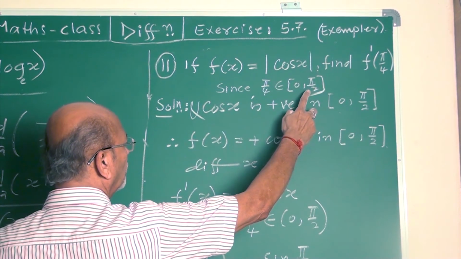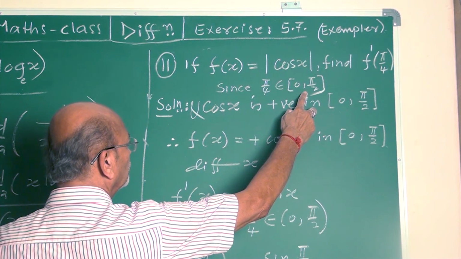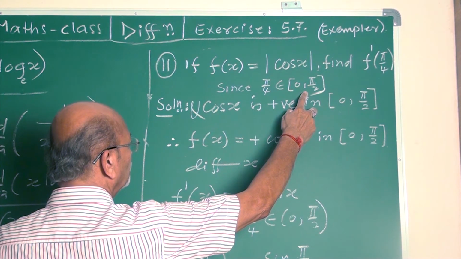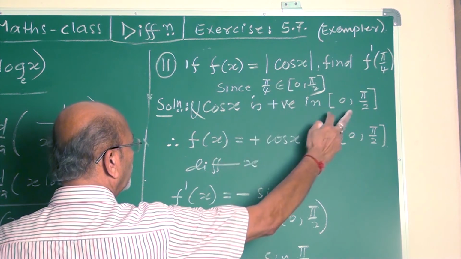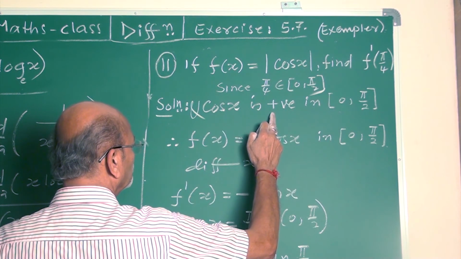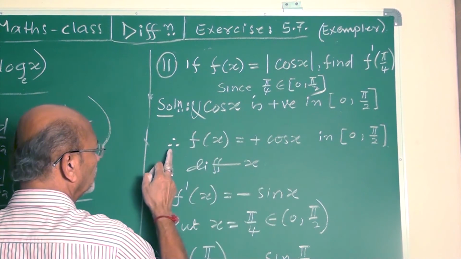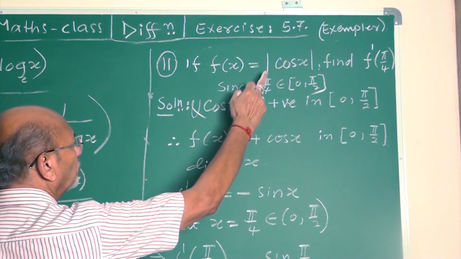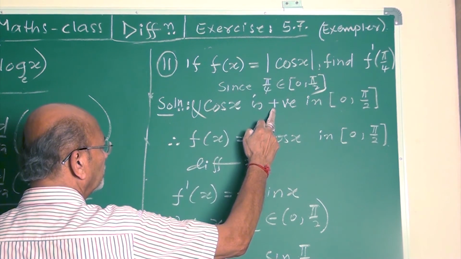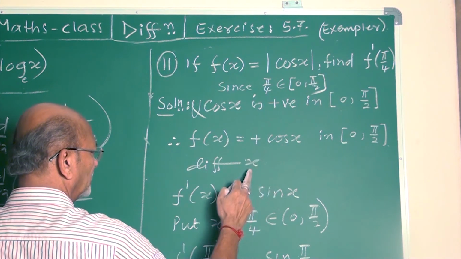In 0 to pi by 2, cos x is positive. Therefore, f(x) equal to mod cos x, as it is positive, becomes plus cos x.